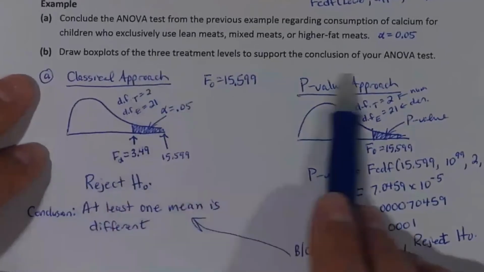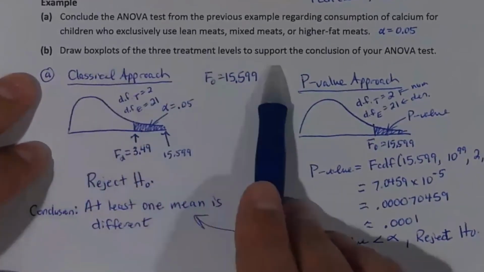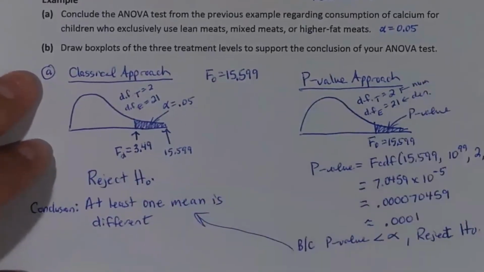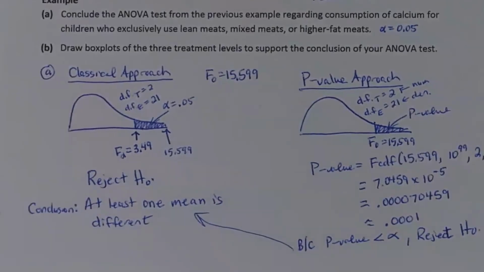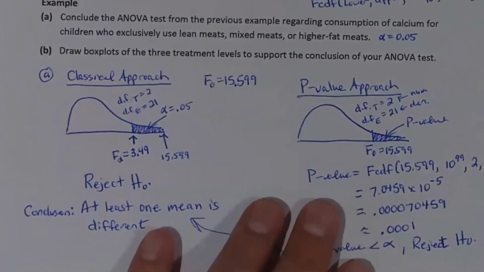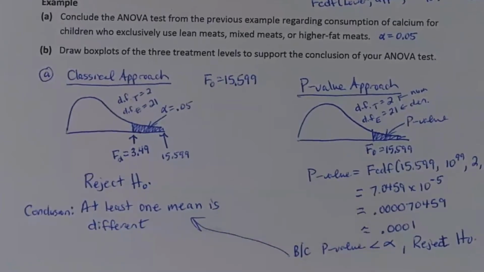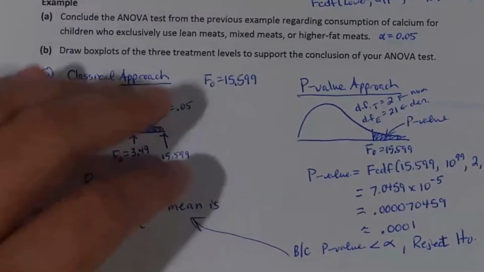So we've drawn the box plot, and we can see this does support our conclusion that at least one of the means is different. I'm not going to draw those box plots by hand, but we did see in StatCrunch that it does appear that at least one of the means is probably different from the others.